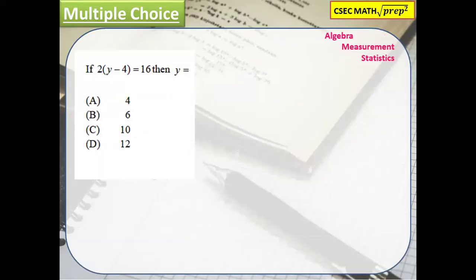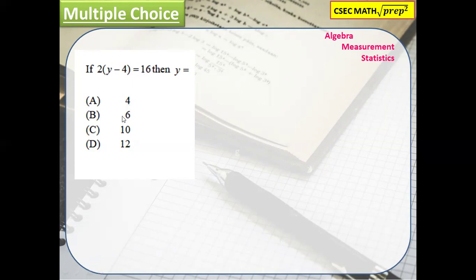So for algebra, this is an equation. All right, so it's 2y minus 4 equals 16. Some people can use the process of experimenting by just putting these values where the y is to see which of them will give the 16 here.